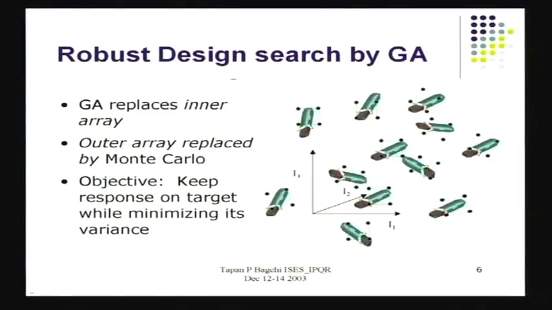I shake them up using Monte Carlo, where the randomness basically represents the effect of noise. Because noise is something I'm not going to control, I'm using a Monte Carlo sort of framework to produce this shaky noise, and I'm subjecting each of these prototypes produced using GA to that. If I do that, I've got shaking going on for each of these prototypes, and it's not very difficult to generate a robust design using this approach also. It's been done. This also is in publication, in print, and therefore it can be seen by anyone.